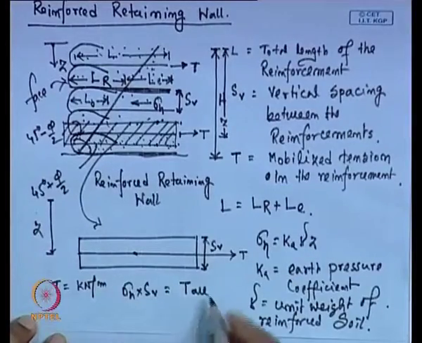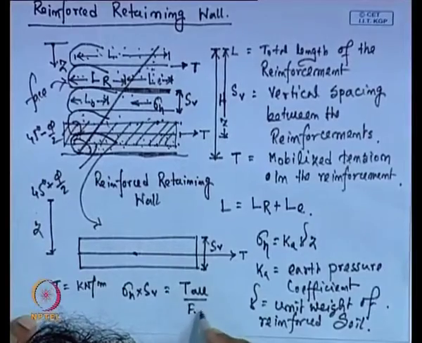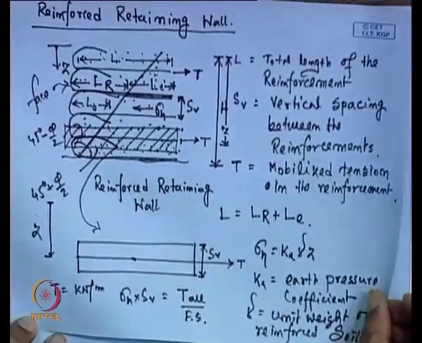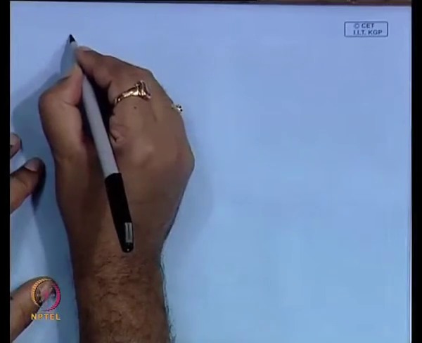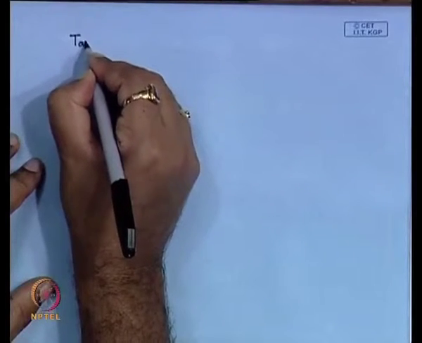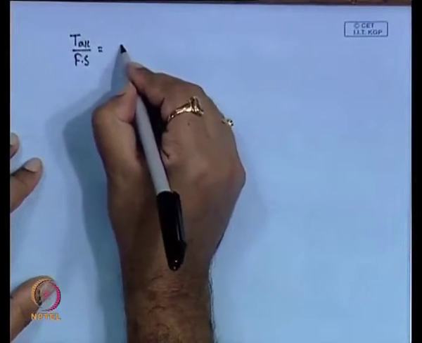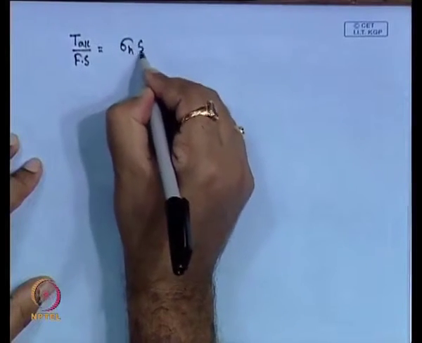So, we provide T allowable with some additional factor of safety F s, where F s is the factor of safety. Finally, if I write this expression, T allowable divided by factor of safety is equal to sigma h into S V.